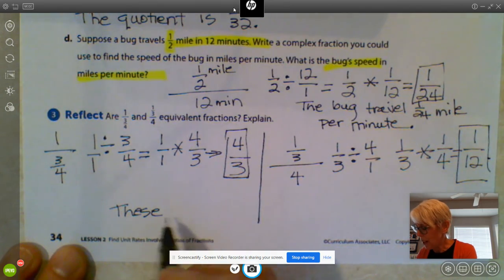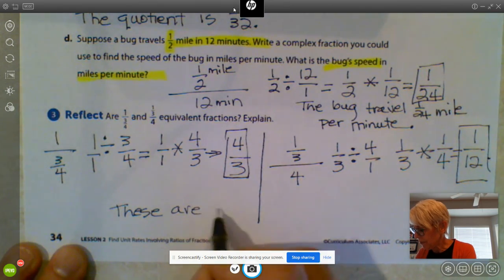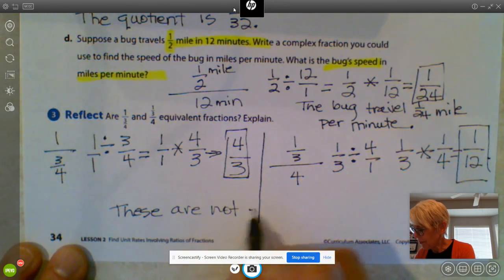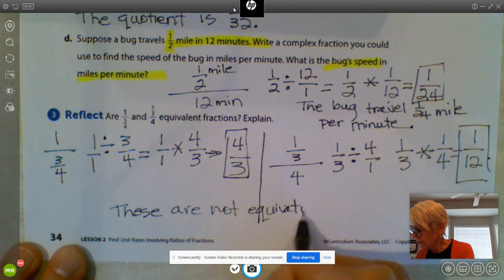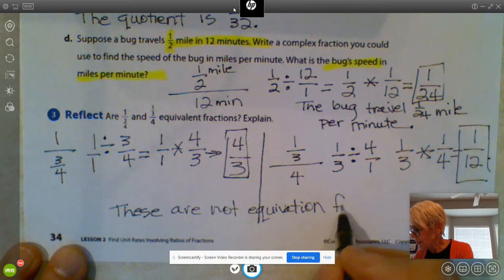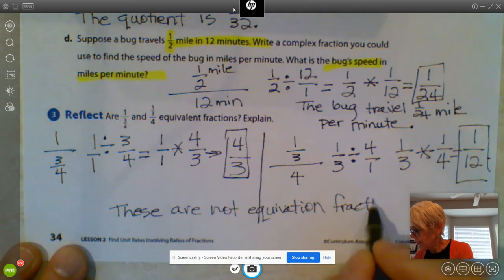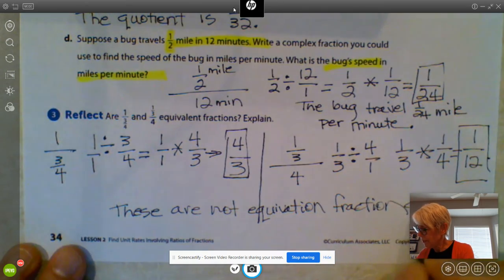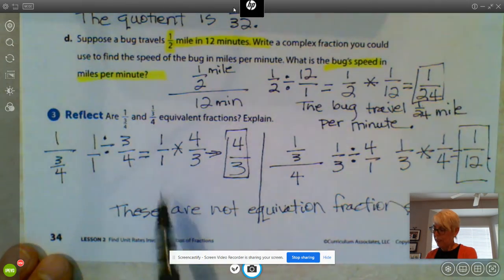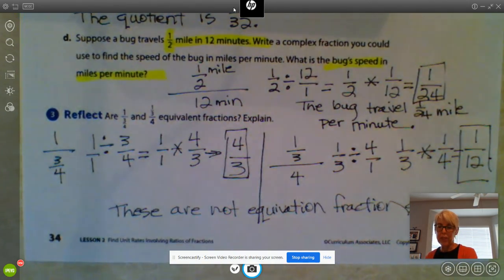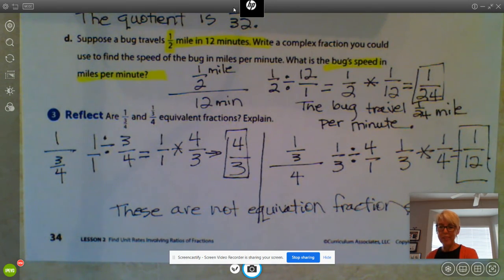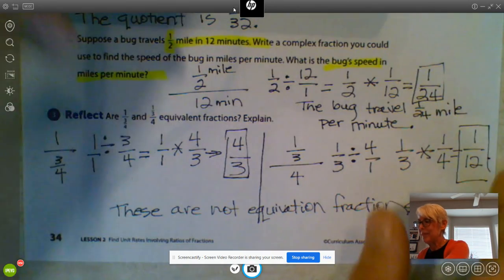And I'm just going to write that down. These are not equivalent fractions. And we proved it. Our explanation is right here. Because 4/3 and 1/12 are not the same amount.